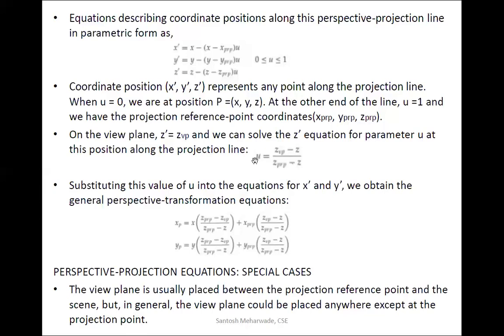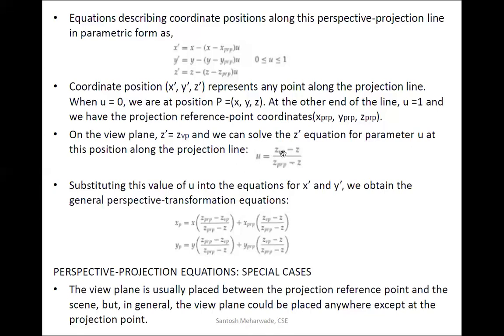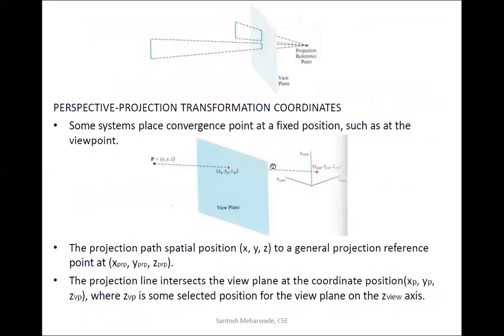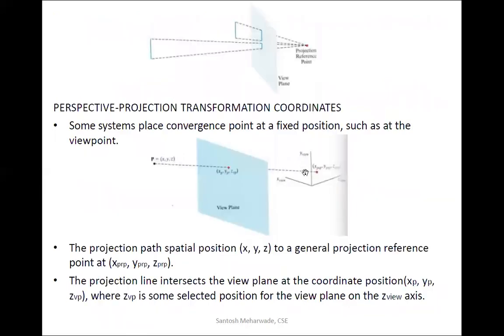If I want to compute the parametric value, it is zvp minus z, divided by zprp minus z. That is, this distance divided by this total distance. So we come to know the distance between these.